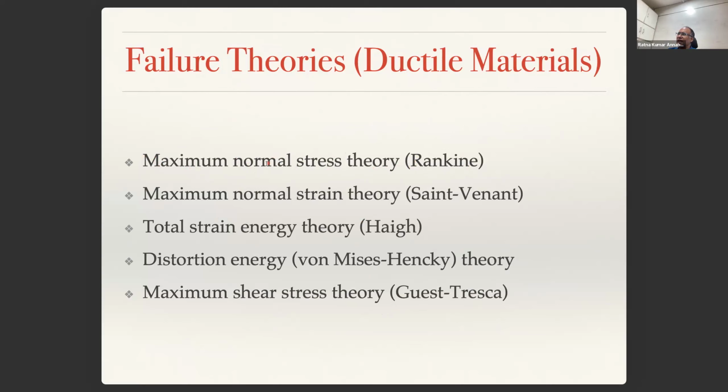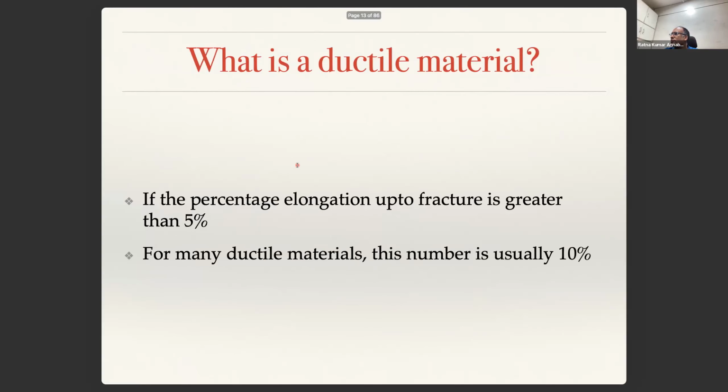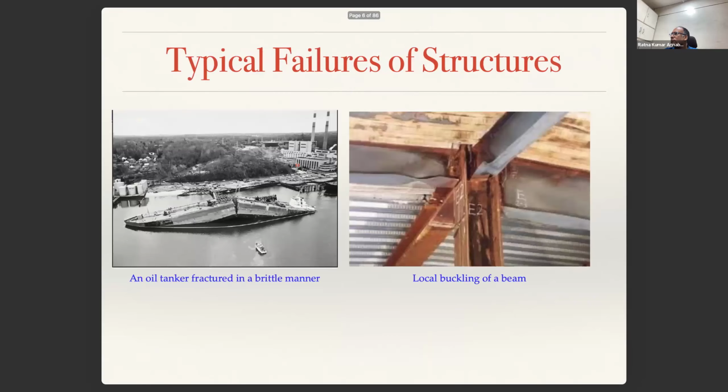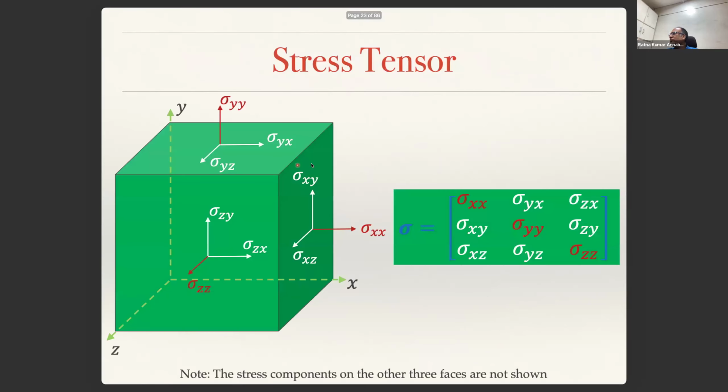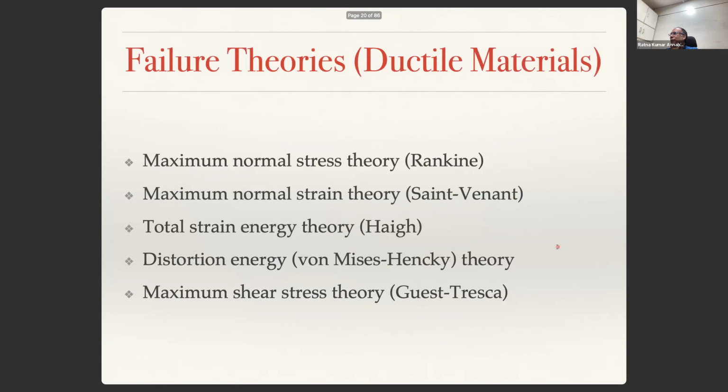What it tells you is that whichever normal stress is maximum in the given state of stress, for example, if you look at this state of stress, sigma xx, sigma yy, sigma zz, look at the maximum value of these 3, and if the maximum normal stress becomes equal to the yield strength of the material, that is when failure happens.